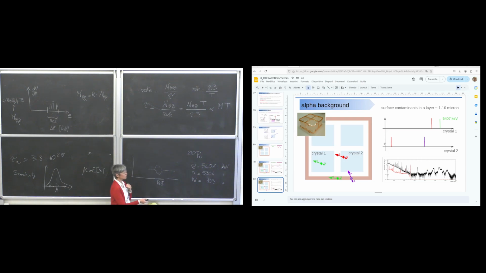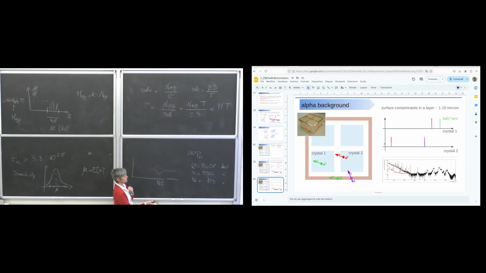If I have a contamination that is a bit deeper inside the surface, say 10 microns, then a fraction of the alpha energy is lost in the source crystal and sums to the recoil. So I see a recoil that has a higher energy than the recoil energy.